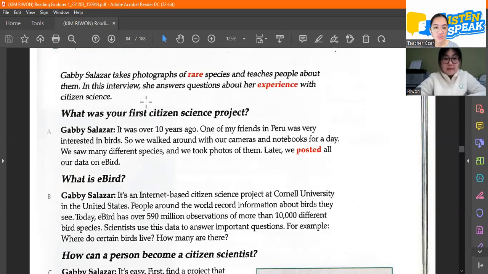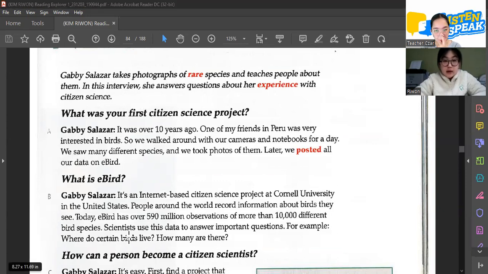What was your first citizen science project? Gabby Salazar: It was over 10 years ago. One of my friends in Peru was very interested in birds, so we walked around with our cameras and notebooks for a day. We saw many different species and we took photos of them. Later, we posted all our data on eBird.